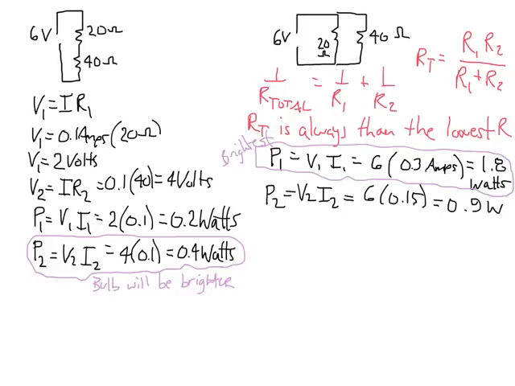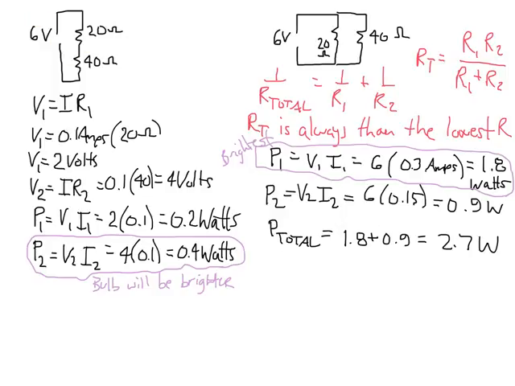So, last thing I'm going to do here is calculate the total power on this side, alright, the total power over here in this parallel circuit is the sum of the power, right, in the two cases. So it's 1.8 plus 0.9 watts, 2.7 watts.